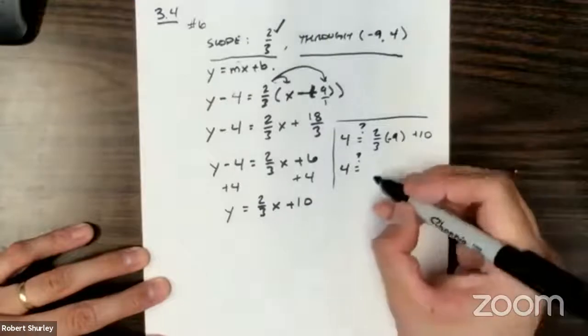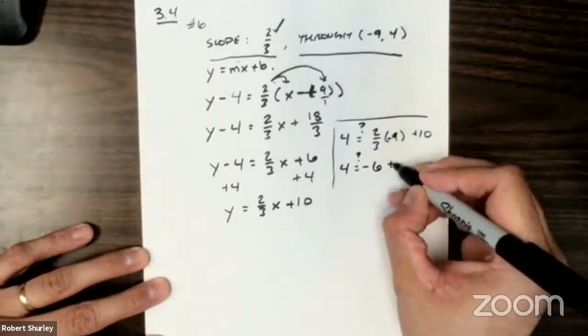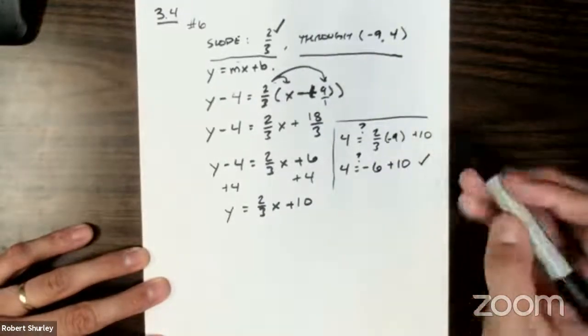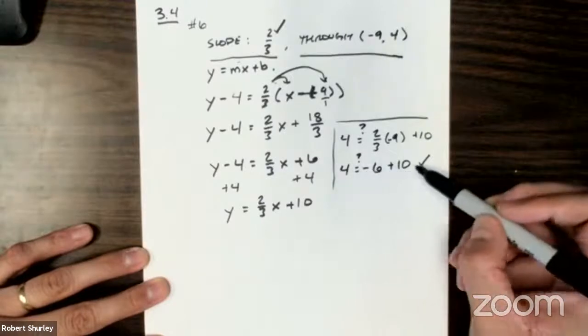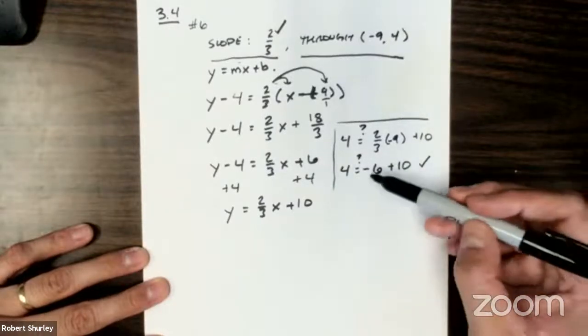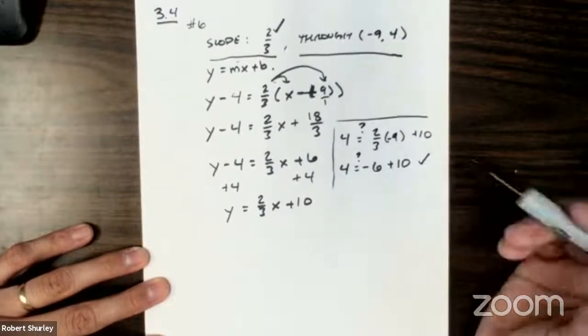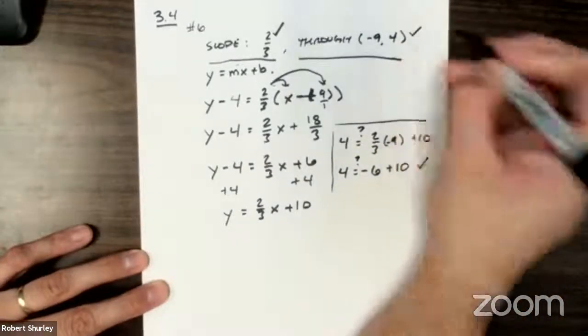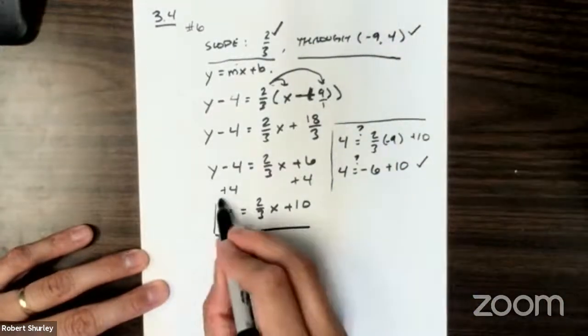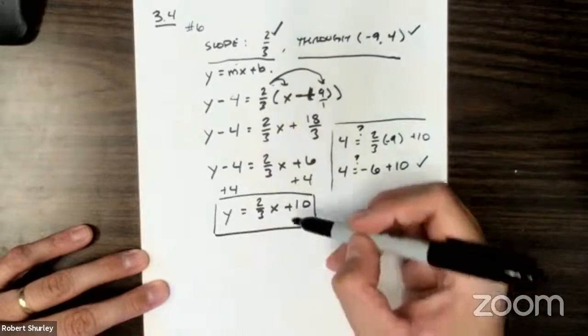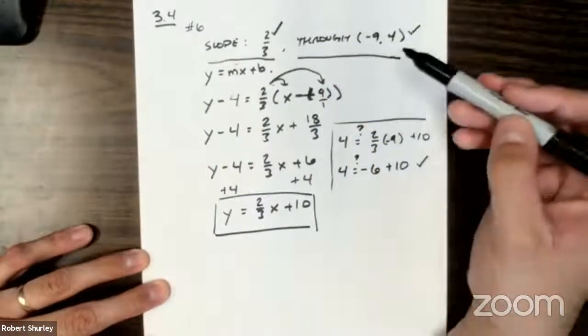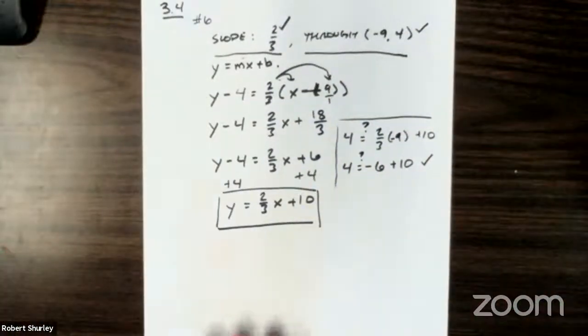So 2/3 times -9 would be -6 plus 10. Oh, that works out, right? -6 plus 10 is definitely 4. So these 2 things are true. This equation has a slope of 2/3, and it also goes through (-9, 4). Neat. Okay, pretty cool.